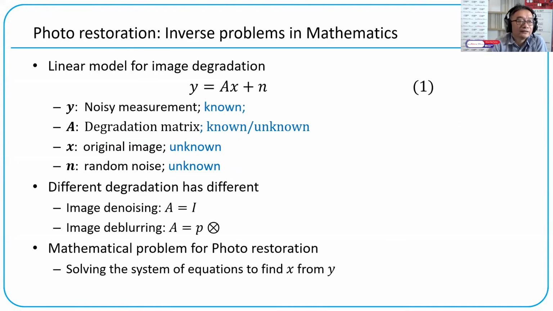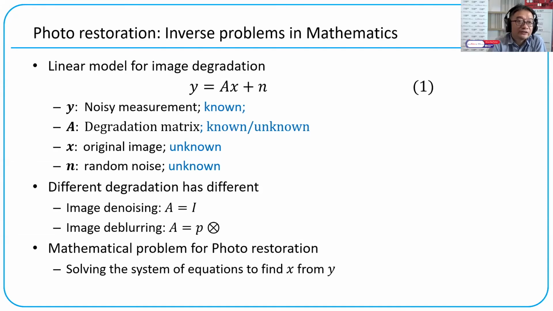The problem is that this is a very hard problem, harder than what you encountered in high school or even in college. That is, you have more unknowns than equations. Suppose you have one image of 3,000 times 3,000 pixels, which ends up with 9 million unknowns, but you only have maybe 1 million equations.